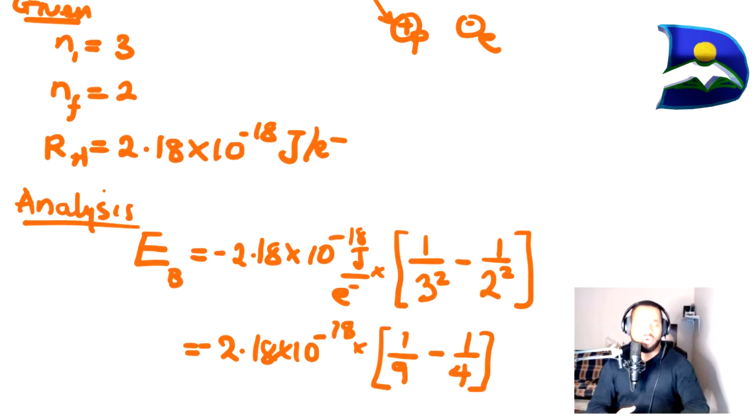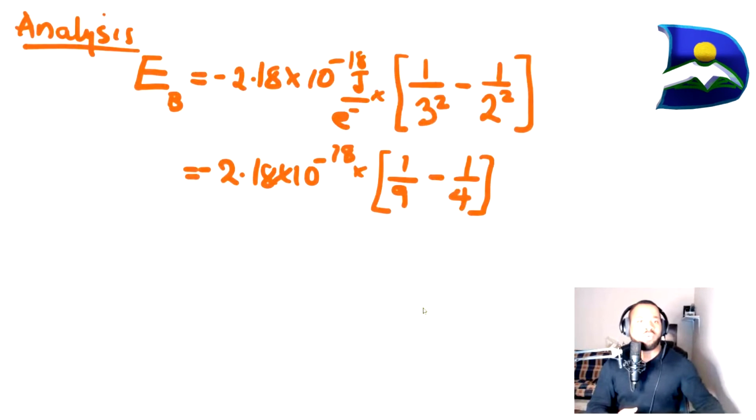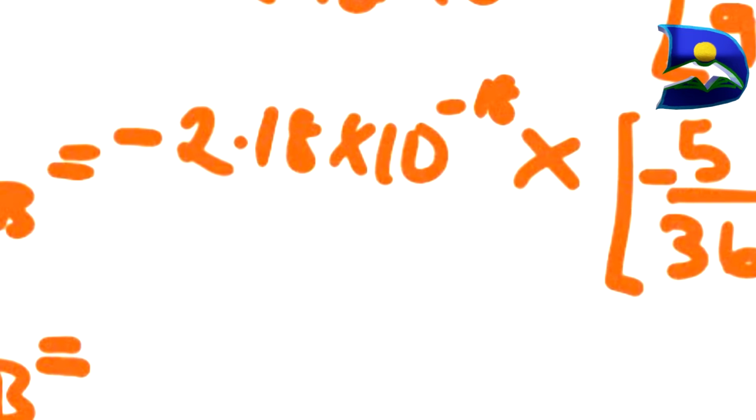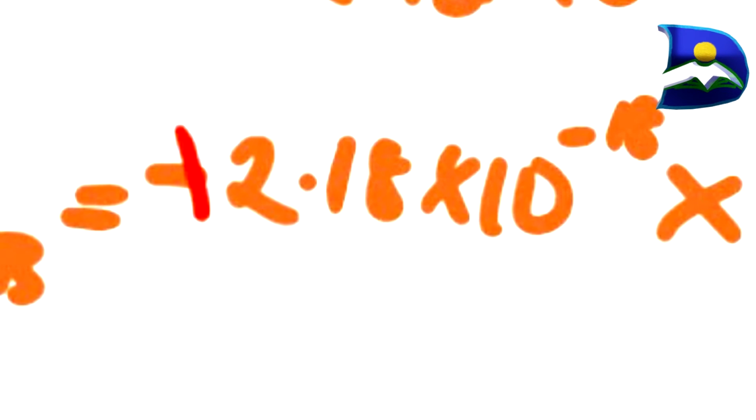Once you solve all this, you'll be able to come up with your energy. Don't forget your negative sign here. The negative sign is going to cancel the negative signs, and what we have here is a positive value of the energy.